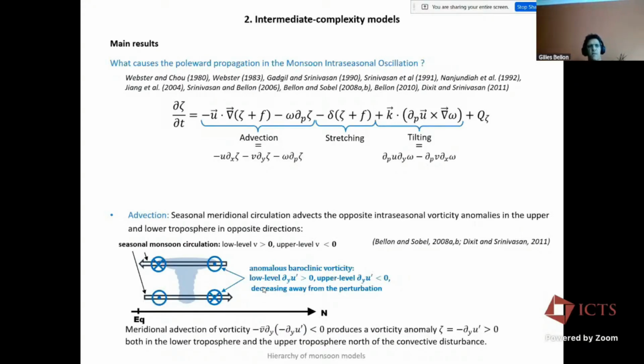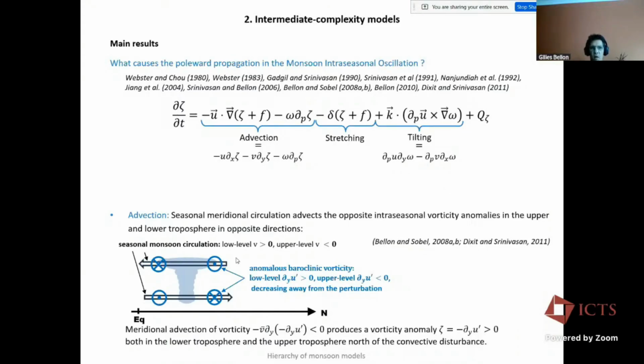And the other mechanism was what I proposed with Adam Sobel in a 2008 paper, which essentially says that the advection plays a role in this propagation. What's interesting is that essentially what happens is that the meridional overturning circulation is going to advect vorticity anomalies at the top of the atmosphere and at the bottom of the atmosphere in opposite directions.